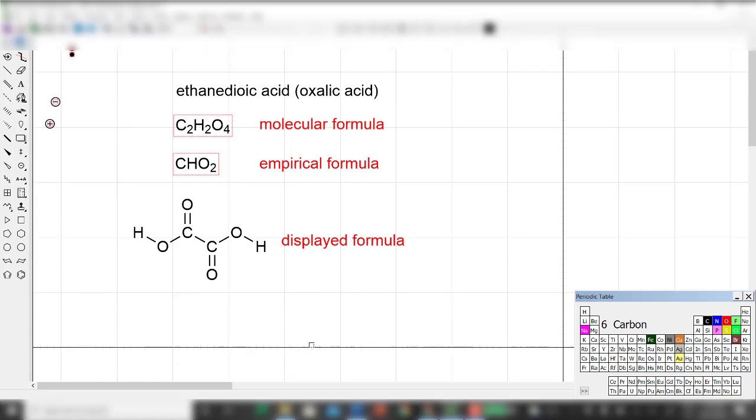So a displayed formula is useful, but it's troublesome because, as you have seen here, it's cumbersome to write out all the bonds, and sometimes key details are hidden. Of course for ethane dioic acid it's fine because there are only 2 carbons.